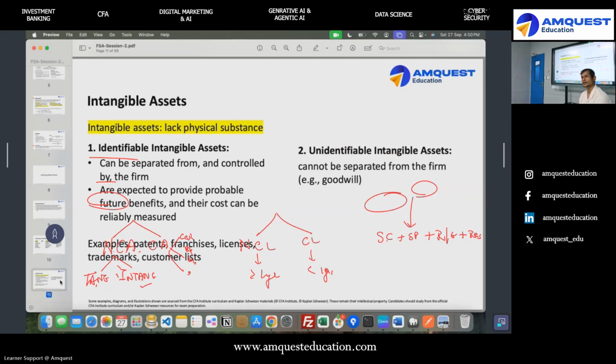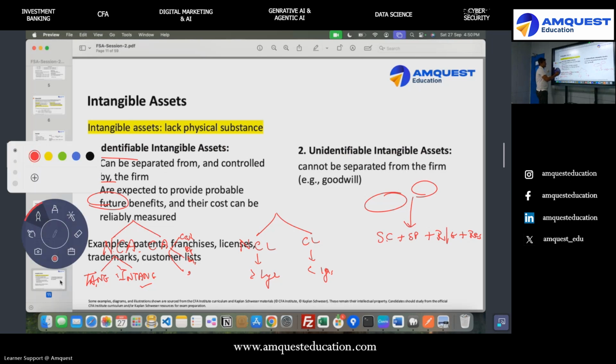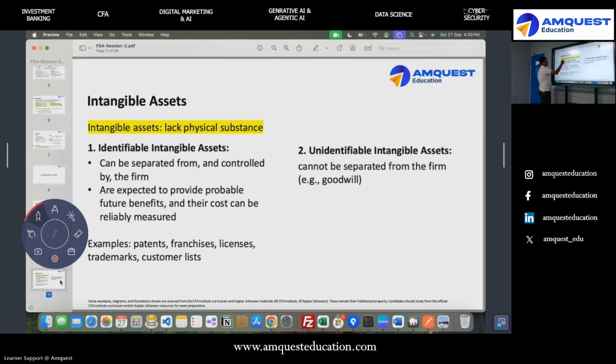Now within this broadly, there are two types. One, where you can actually identify how much is intangible. You can break it up. So here I might have something that's identifiable, meaning it can be separated, and you can measure the cost reliably.